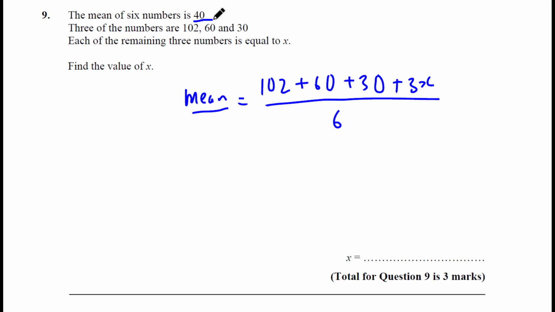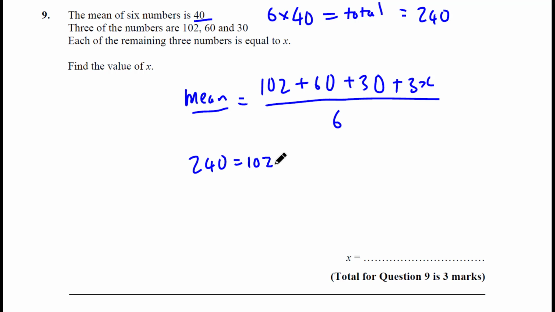So if we work backwards and we understand this well, we know 6 times 40 must be the total amount. So that is 240. So 240 should equal this. Now we just need to solve this.